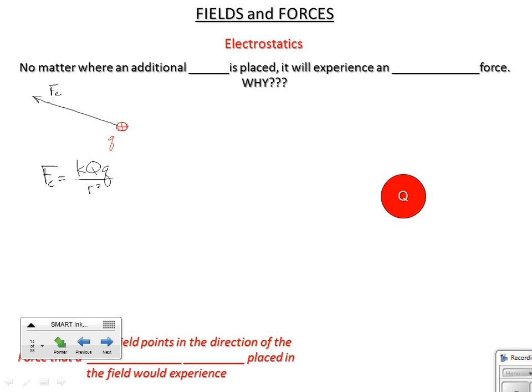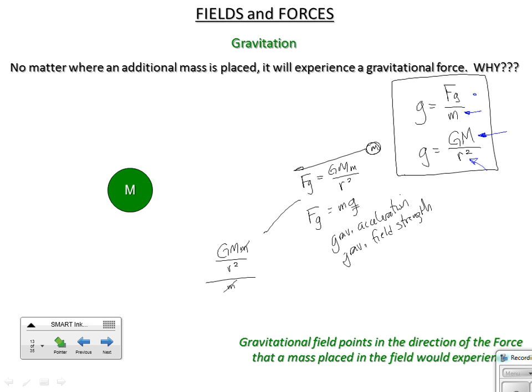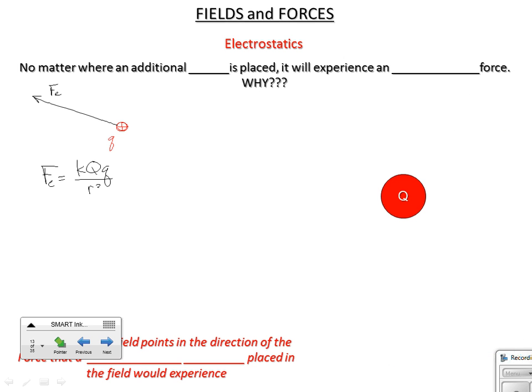We're going to try to make an analogy here. For gravitational forces, the force depends on the mass of the thing in the field and the field strength. So here we write the electrostatic force as the charge of the thing in the field times the field strength.